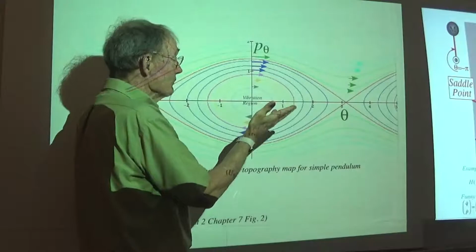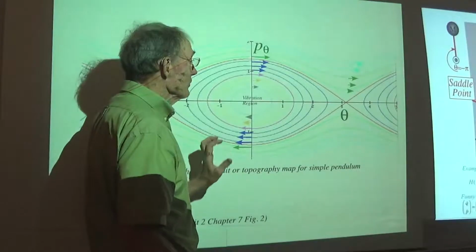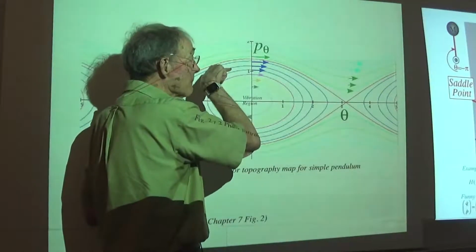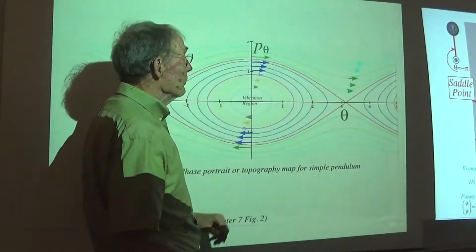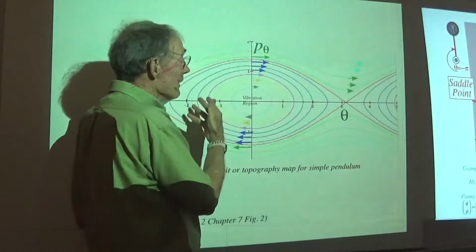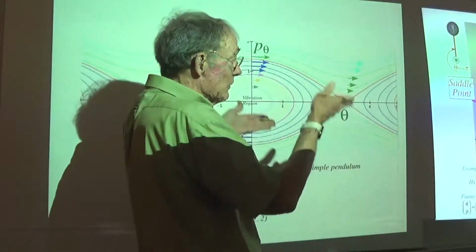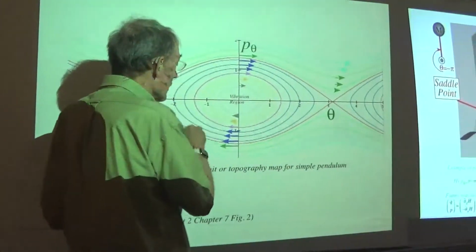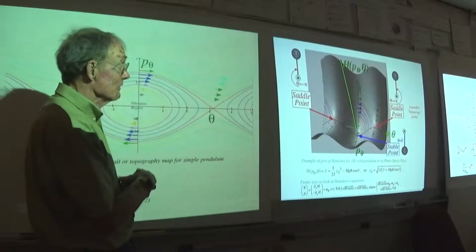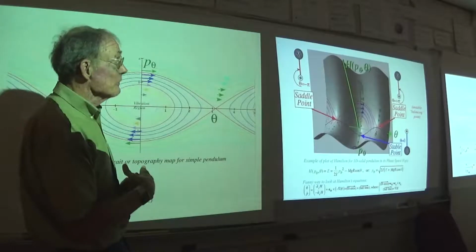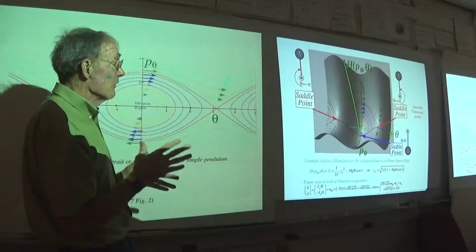Now this is the actual phase space, so it's left-handed, in the sense that when I'm up here, I've got positive momentum, that means I'm going to positive theta. So left-handed is the direction of flow for this diagram, and this diagram over here is now showing you how these topography lines translate into altitude, that is, into Hamiltonian magnitude, as a function of momentum in the theta direction and actual angle theta.